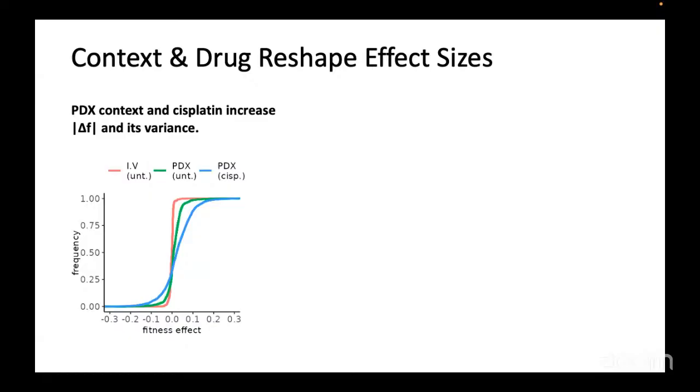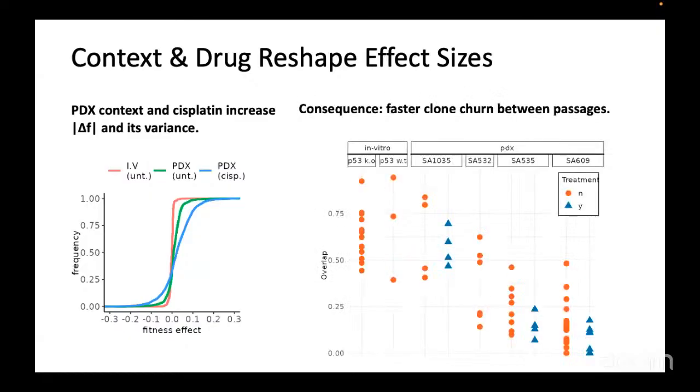And then when you add cisplatin treatment to the PDX lineages, then the mutation effects are even bigger. So a consequence of this could be interpreted as basically faster clone turnover between passages. So it implies a more rugged fitness landscape. And this is sort of seen if you look at the overlap coefficient between successive passages.